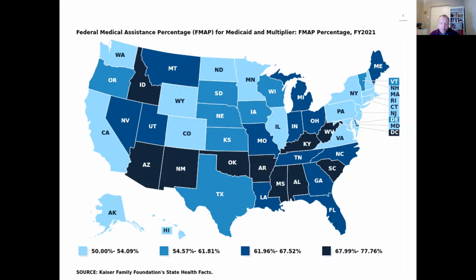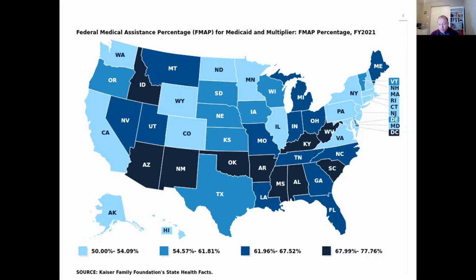FMAP uses a formula that importantly takes into account per capita annual income for a state compared to the national average. And then the multiplier uses that percentage essentially to say how much, dollar for dollar, is going to be federal assistance to the states.